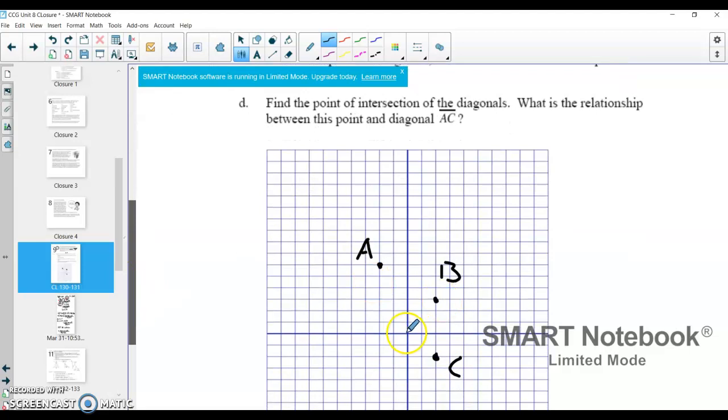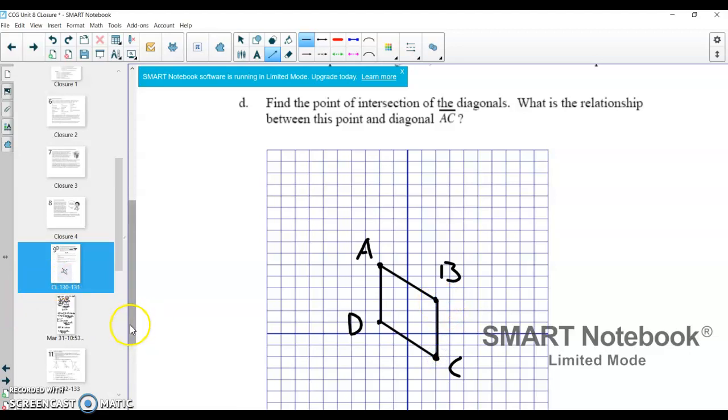So I go 2 to the left, 1 up, to here, and that is my point D. And now I can create my shape using straight lines, and I get my shape right here.